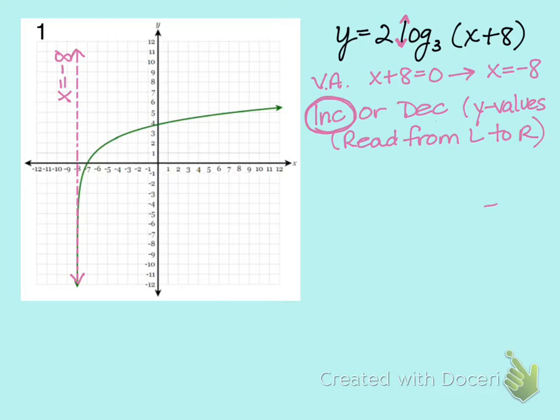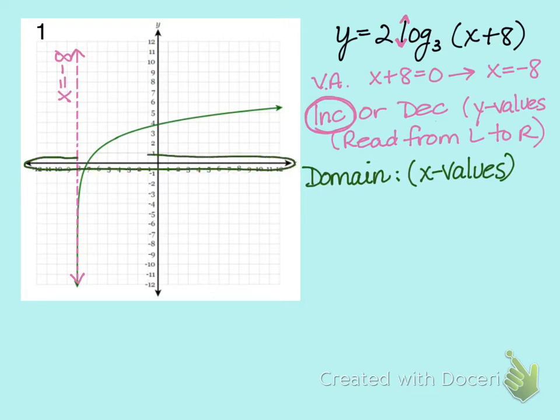Next, you are going to be required to find the domain and range of our graph. The domain is always the x values of our graph. What x values are being used to graph the curve that you are seeing right now? If we focus solely on the x-axis, what portion is being used to plot our curve?